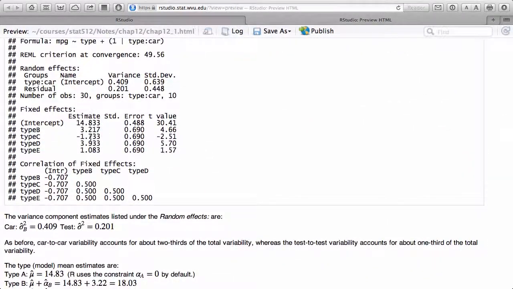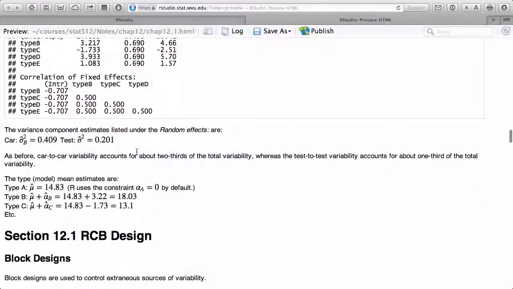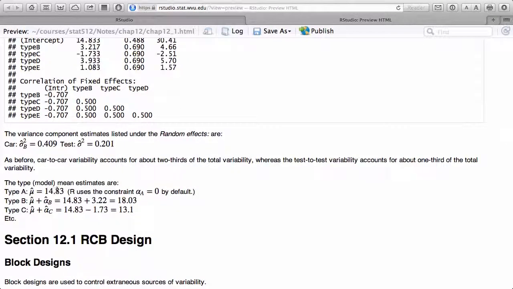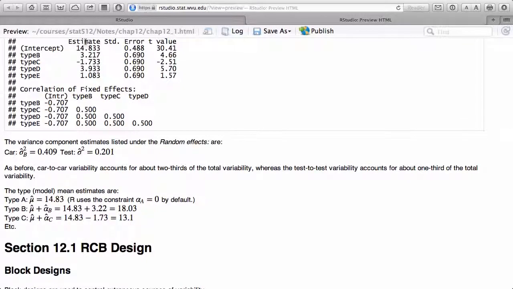Now it also gives the estimates for the different types, and from that you can get the mean estimates for those models. Down here I show you that type A will simply be the intercept. In other words, R by default is setting alpha 1 equals 0.